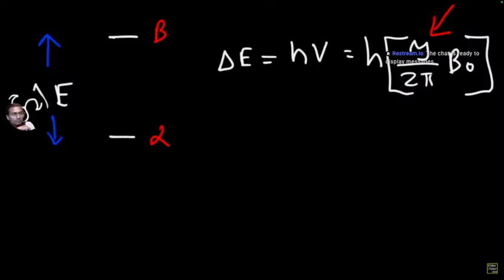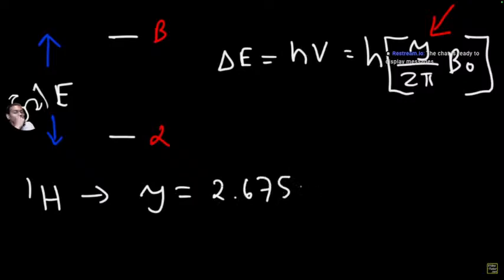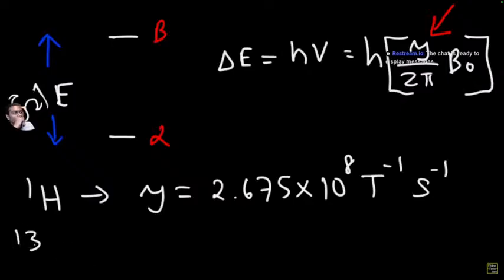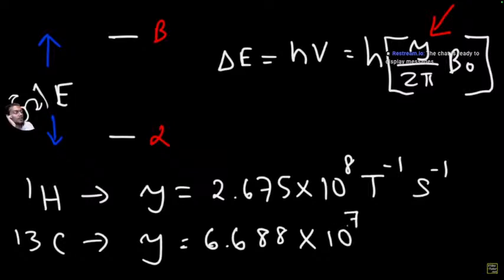So in the case of the hydrogen nucleus, the gyromagnetic ratio is going to be 2.675 times 10 to the 8, in units of Tesla to the minus 1 times seconds to the minus 1. Now, for the carbon-13 nucleus, it's different. It's going to be 6.688 times 10 to the 7. These are constants you gotta learn. And so it's less than that for hydrogen.